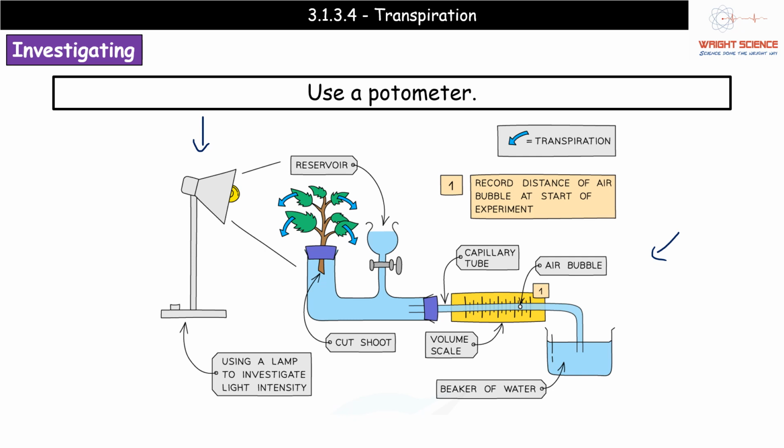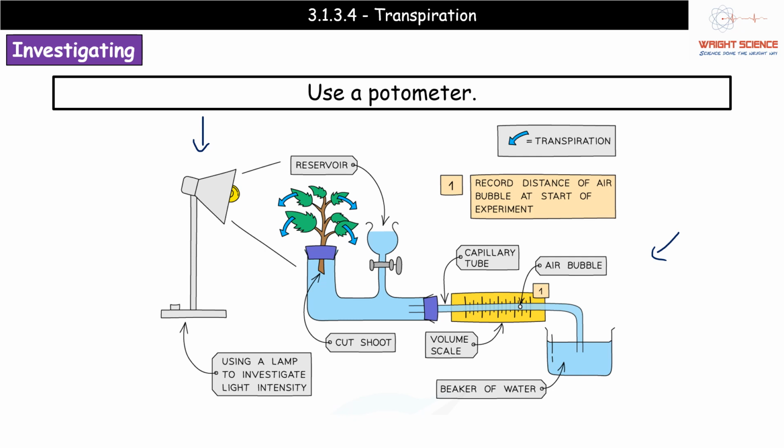What we can then do is we can turn our light off, move it 10 centimeters away, for example, repeat the experiment, record how far the bubble moves in that same time frame. Obviously, we can do a distance divided by time to actually get our little sort of rate of movement there. And this then allows us to compare the light intensity and how it affects transpiration.